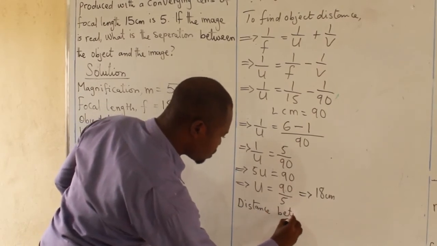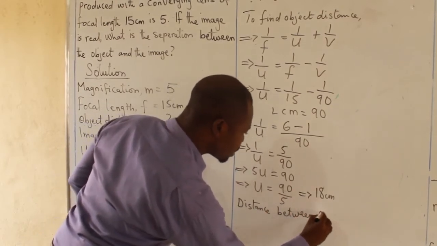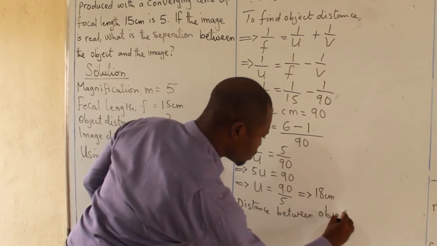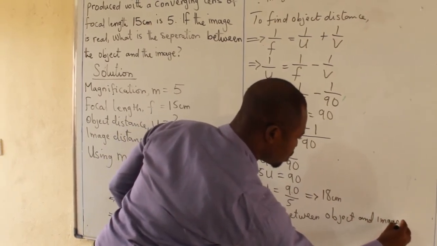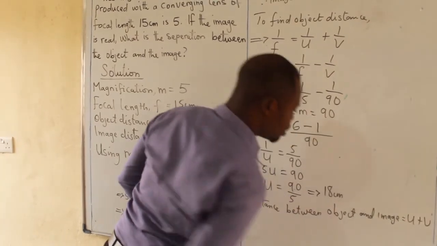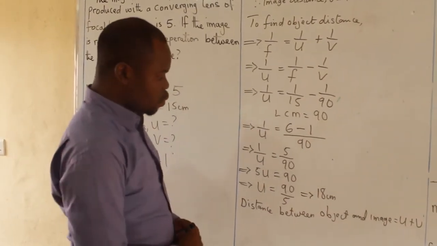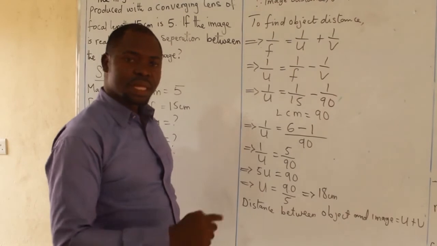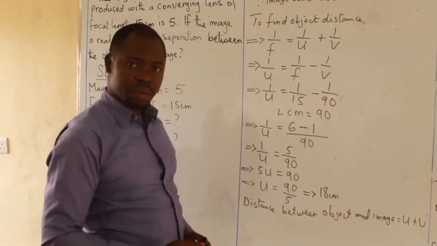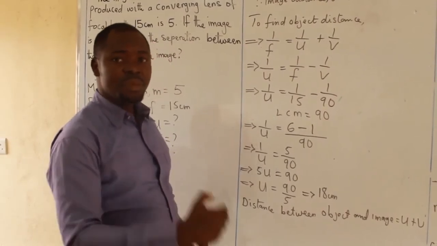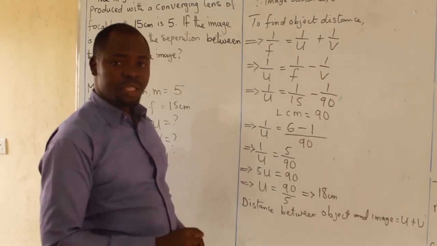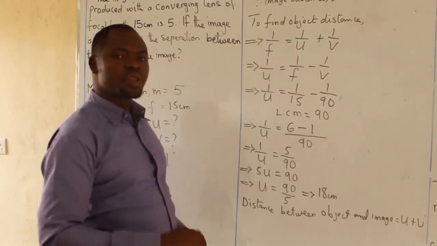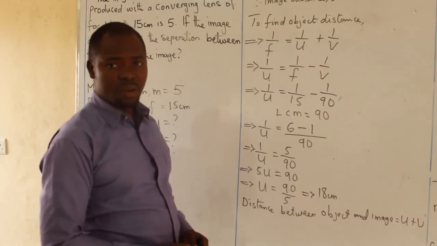So the distance between object and image equals u plus v, because since we were told that the image is real, it therefore means that the image is formed at the other side of the lens. For an image to be real, it must be formed at the other side of the lens.